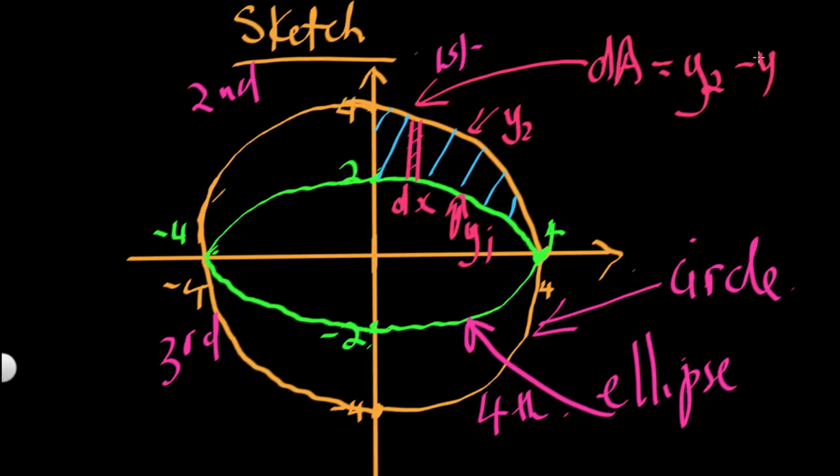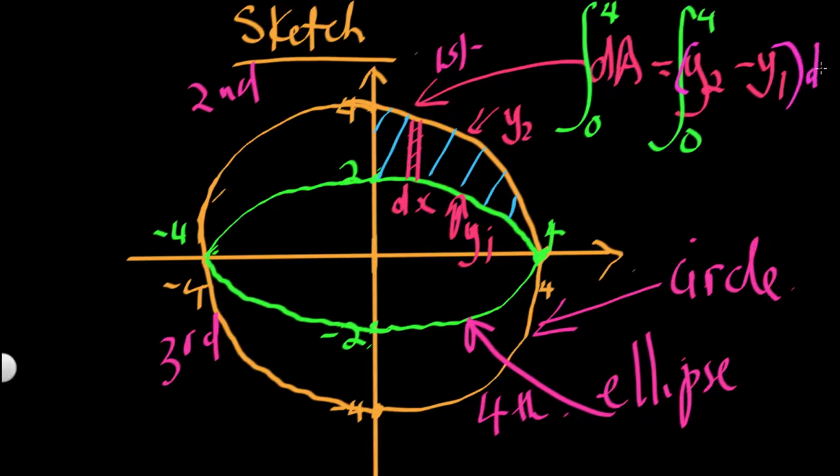If I'm looking for this area here, I will have to integrate dA from x equals 0 to x equals 4. I do the same here, integrating from x equals 0 to x equals 4. dA will be this times dx. Obviously, that is our differential element, and from this I can find the area that I'm looking for. Very, very important. Very key.